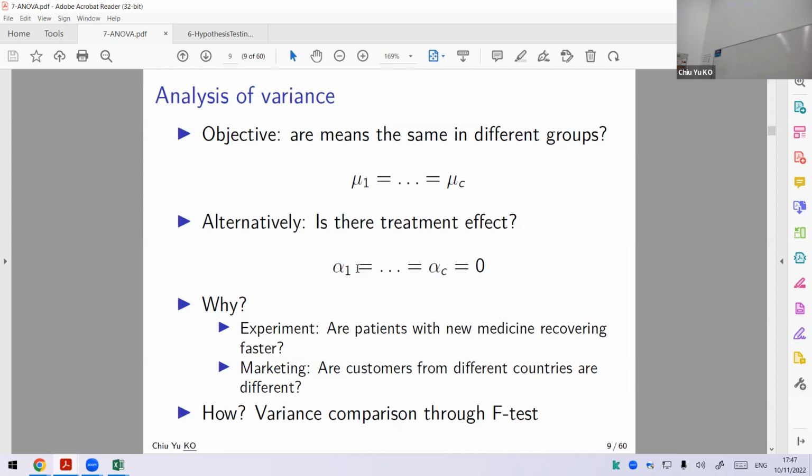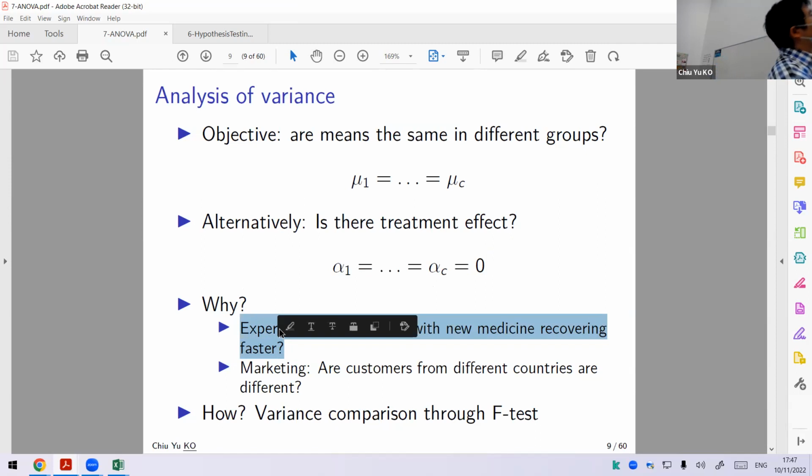Each group mean is different from the grand mean, okay? And as we said, that's useful in talking about experiments and comparing customers from different countries or different groups, okay?